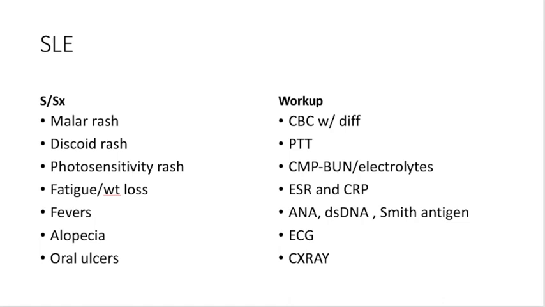The way that you're going to work this up is with a CBC, where we're looking for anemia. There can also be some cytopenias because of autoantibodies against the red blood cells, white blood cells, and platelets, which are opsonized, promoting phagocytosis and destruction. That's how we get the cytopenias. We may have antiphospholipid antibody syndrome, and they may develop venous and arterial thrombosis, and they may have spontaneous miscarriages and cerebral ischemia, so that's why you would be checking your prothrombin time.